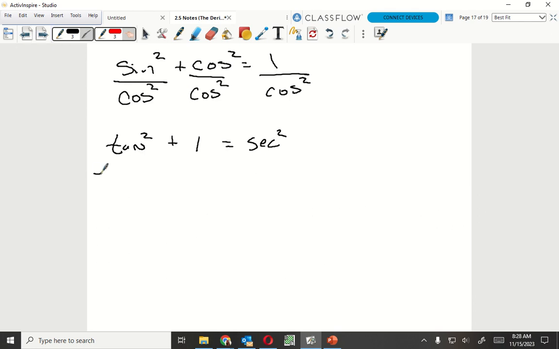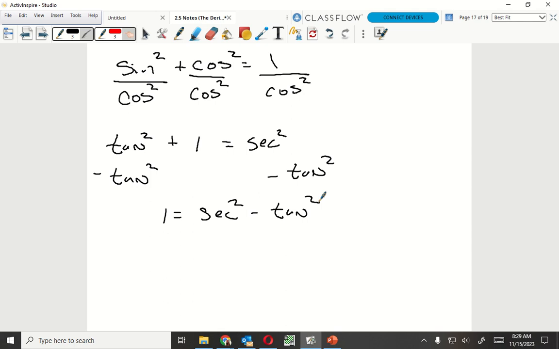And so if I were to go minus tangent squared, I would have 1 equals secant squared minus tangent squared. If you notice, I don't have my variables on there because this could be any of the variables, a t, a theta, an x. So it's kind of my shorthand for this. I always leave off those when I'm doing these, trying to identify my different uses.